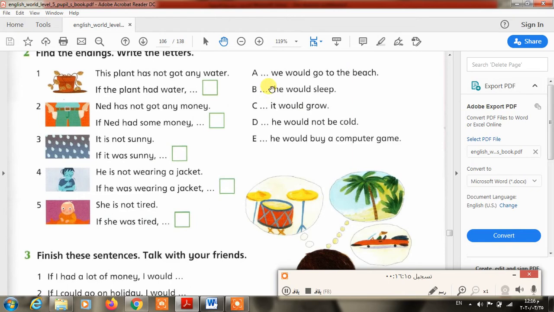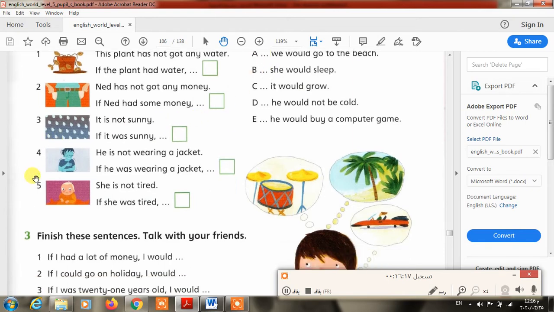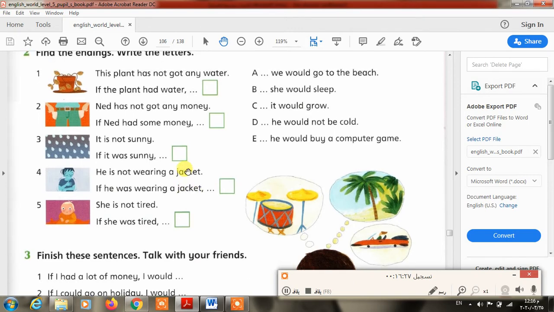Letter A. Number 4, he isn't wearing a jacket. If he was wearing a jacket, excellent, letter D, he wouldn't be cold. If he was wearing a jacket, he wouldn't be cold.